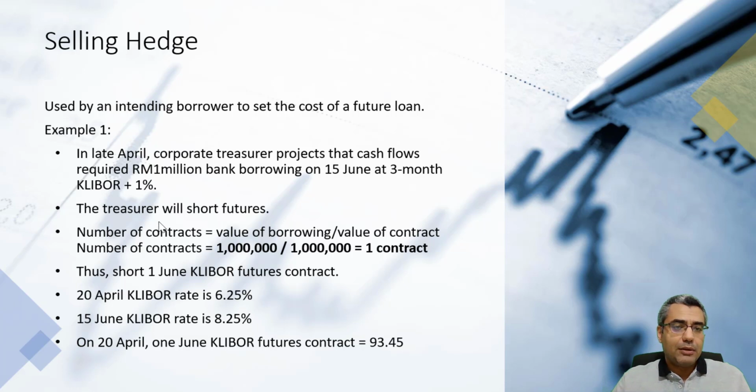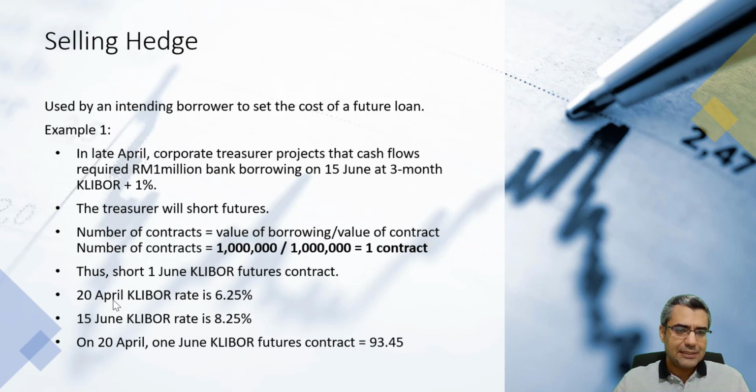So how many contracts? The size of the contract, as you remember, for KLIBOR futures contract, is 1 million ringgit. So he needs to just short one contract because it's 1 million ringgit, right?